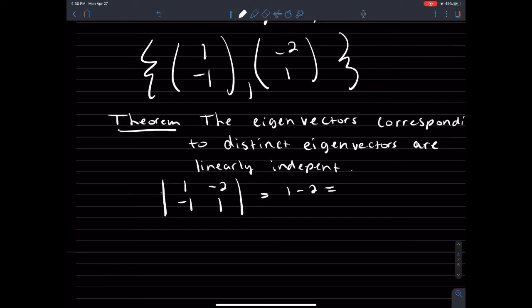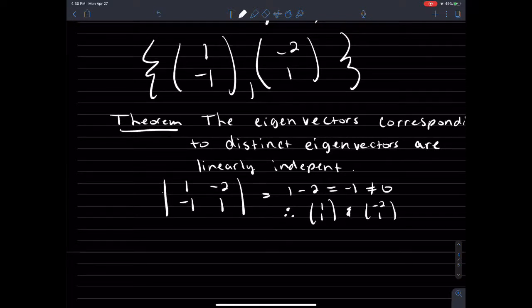We get 1 minus 2 negatives positive, it's negative 1, which doesn't equal 0. So therefore 1, minus 1, and minus 2, 1 are linearly independent.